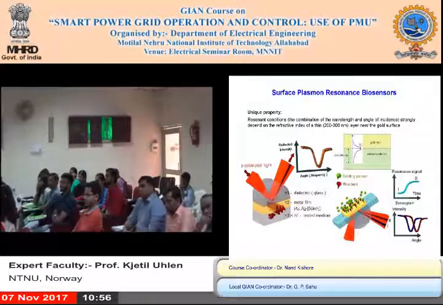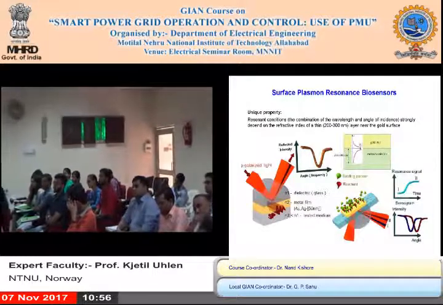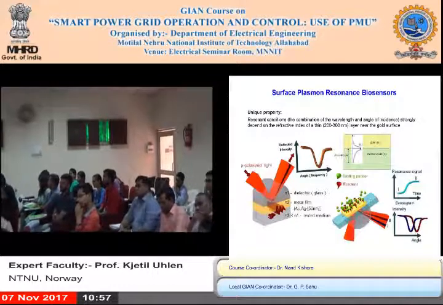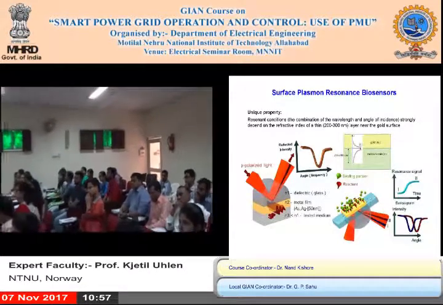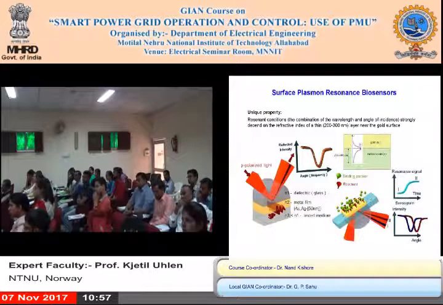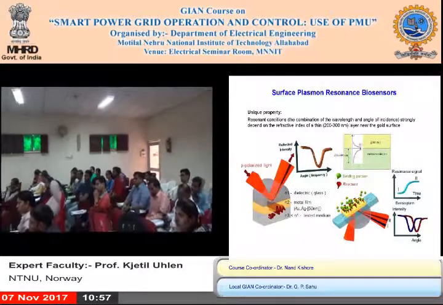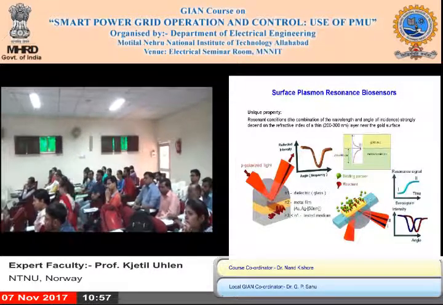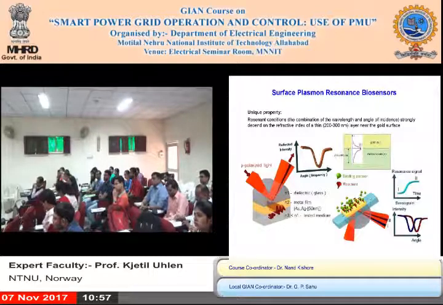So how do you detect resonance? Again, the same thing. If you take a nanoparticle dispersion or immobilize it on the surface, and you shine light and change the wavelength of light, at the wavelength it couples, the transmission goes down because it's being absorbed by the nanoparticle.